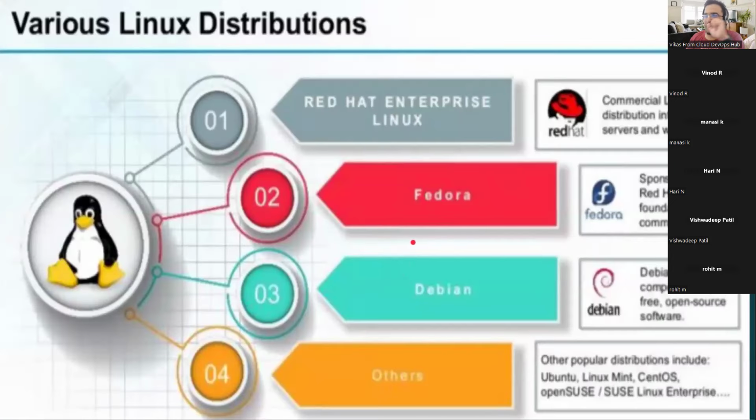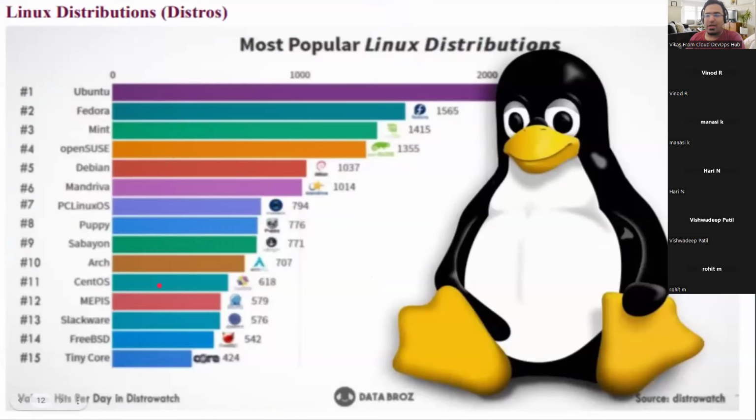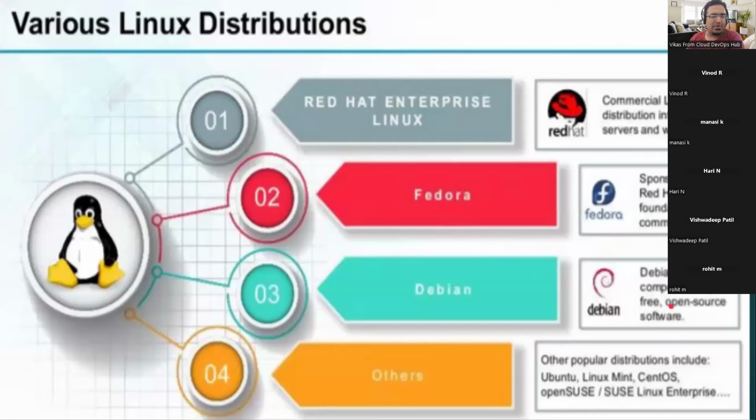Now Fedora is also one of the flavors, Debian is also one of the flavors, and in another category some SUSE Linux Enterprise are also available. In Debian, we can say open source software is also available. Fedora, a Red Hat sponsored operating system, is also available. I don't want to go through all the operating systems. Ubuntu comes into the Debian family, because here I am writing open source and Ubuntu is open source.